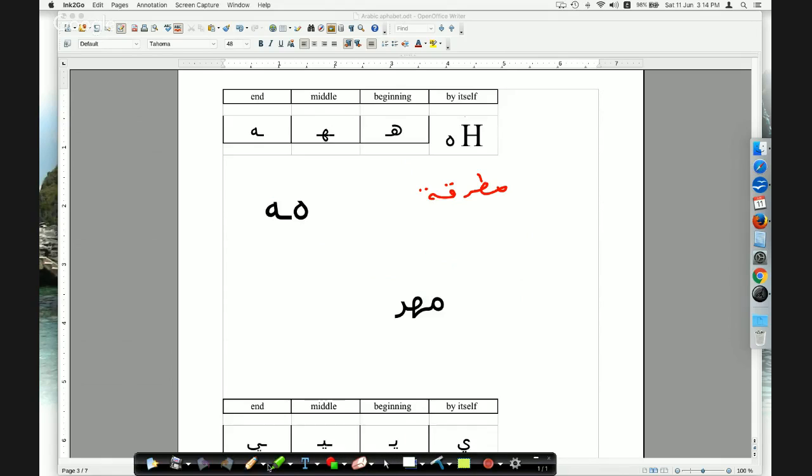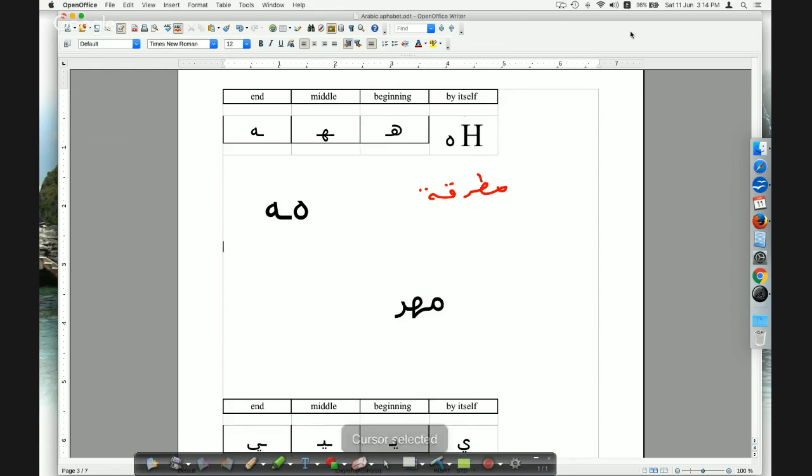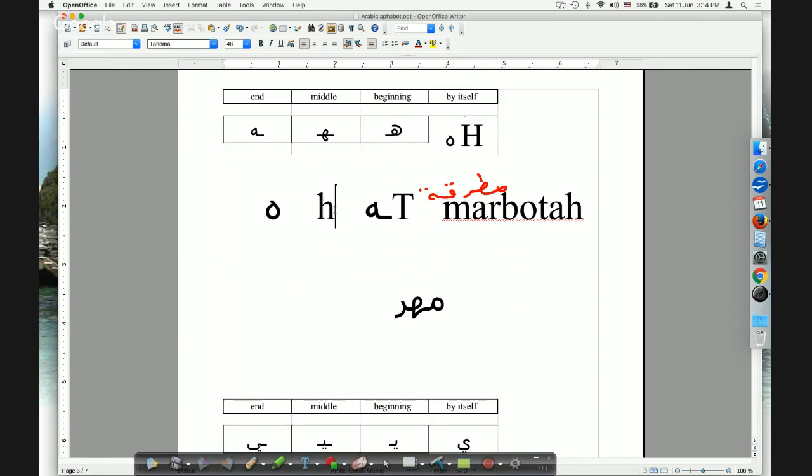So let us say, I will type in English this kind of ta, we call it marbuta, which means tied up. Marbuta. All right, this here is a ha, this is not the same.